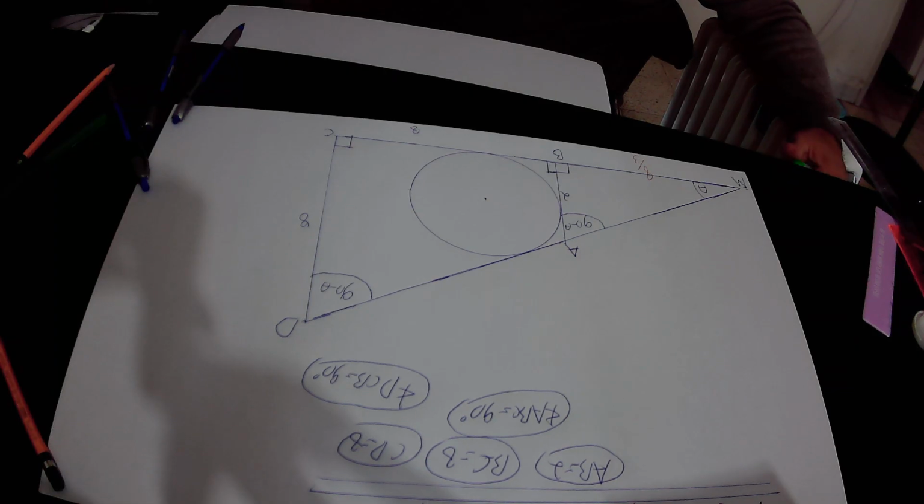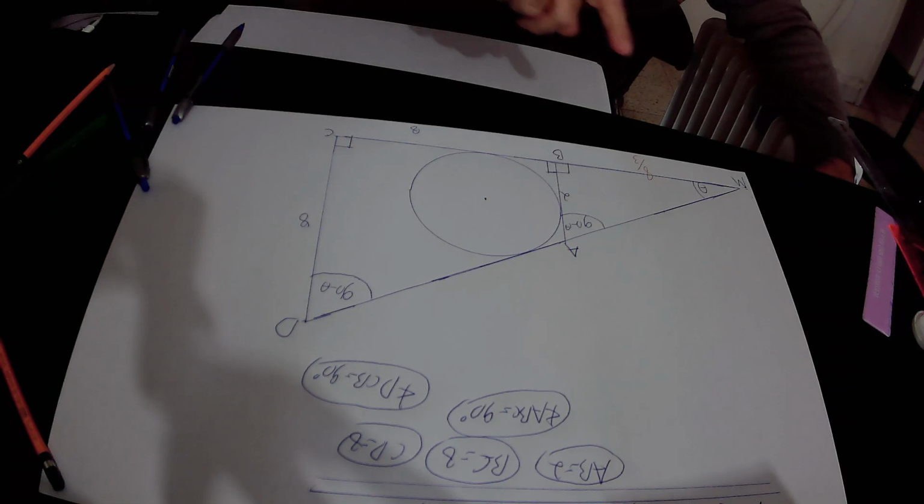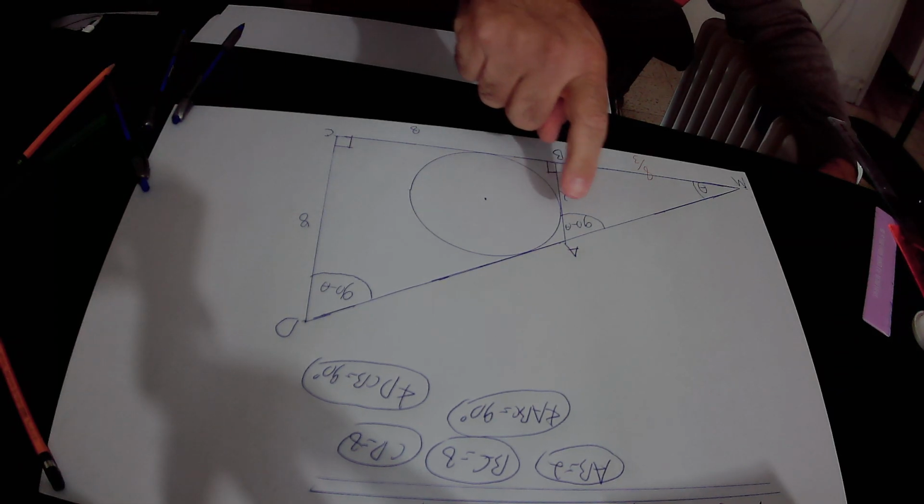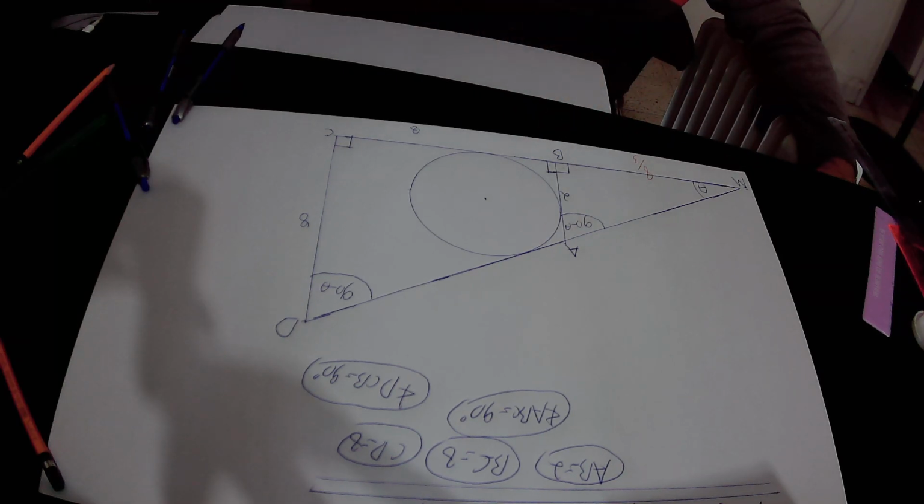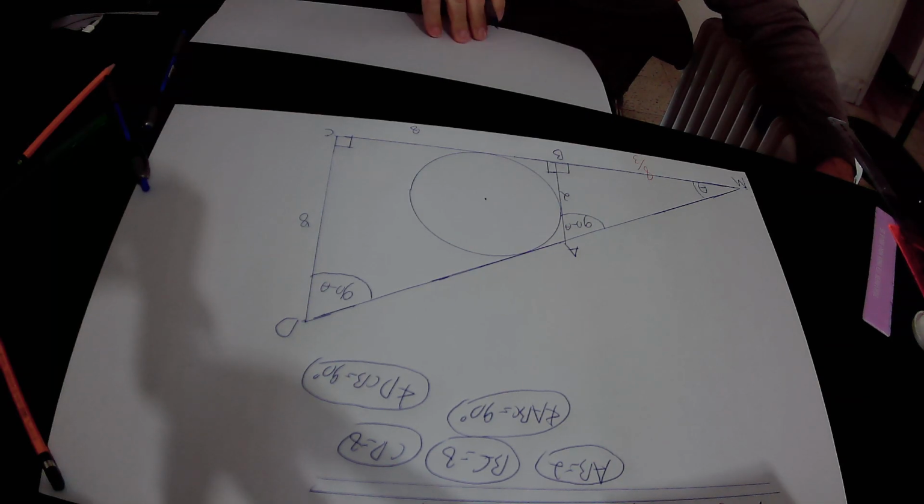In the next step, we will apply the Pythagorean theorem to the small right triangle MAB. According to the Pythagorean theorem, the square of the hypotenuse equals the sum of the squares of the perpendicular sides.